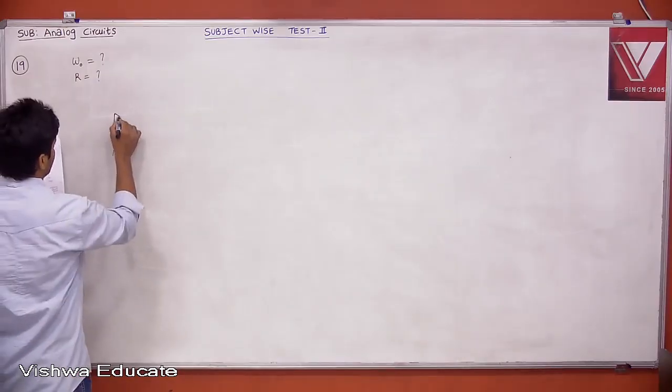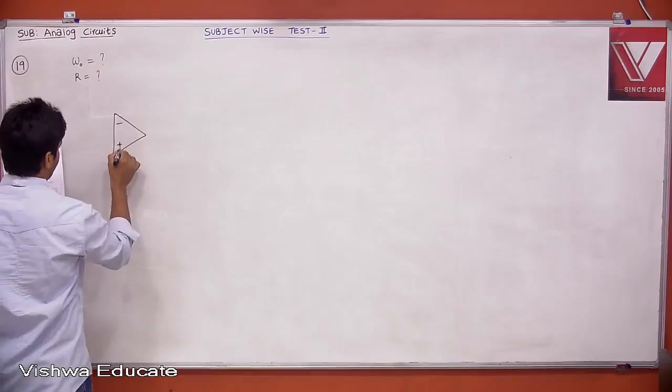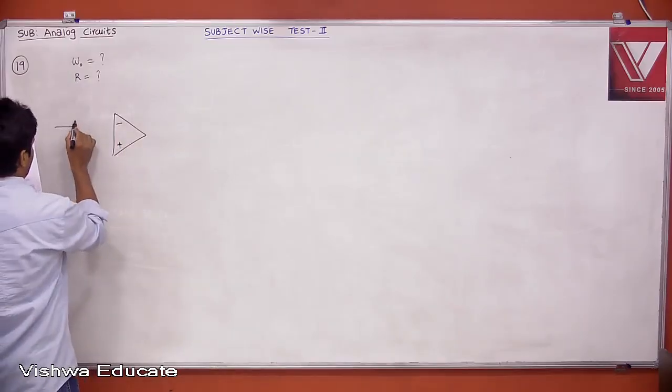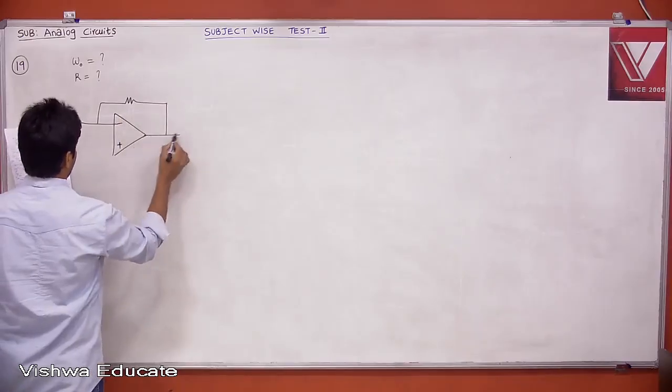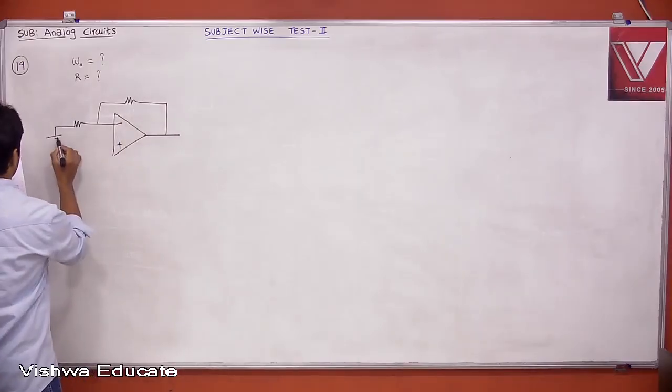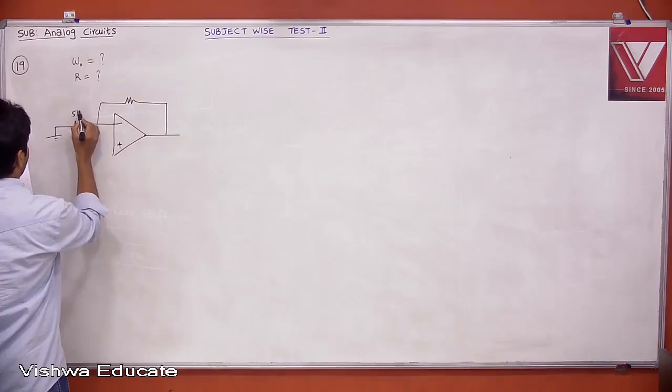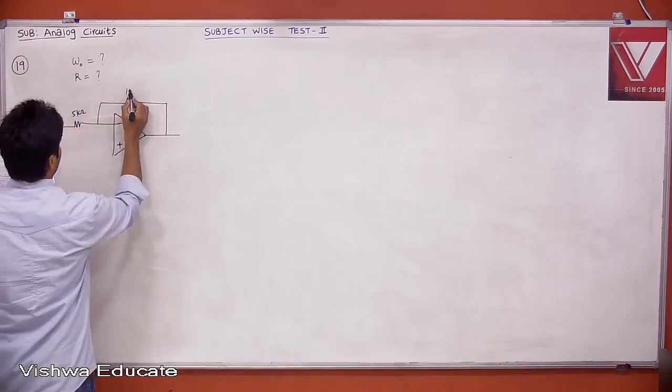The circuit is, this is our minus plus, this is 5 kilo ohm, this is 100 kilo ohm.